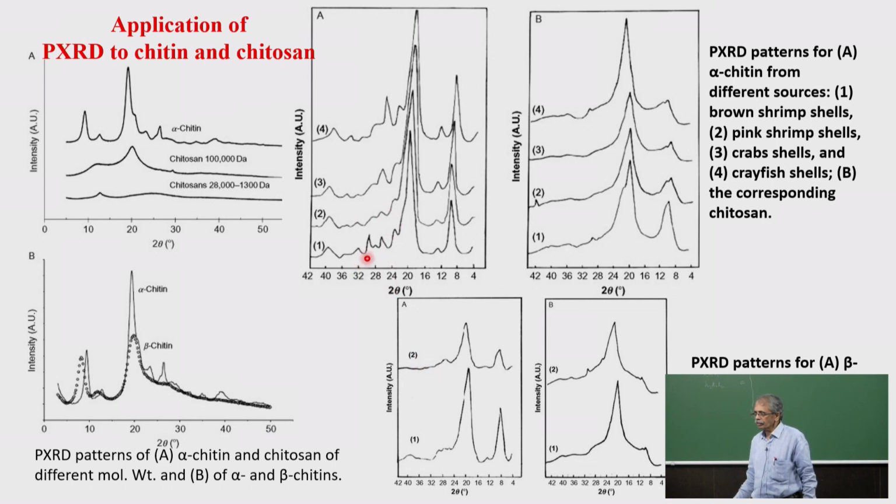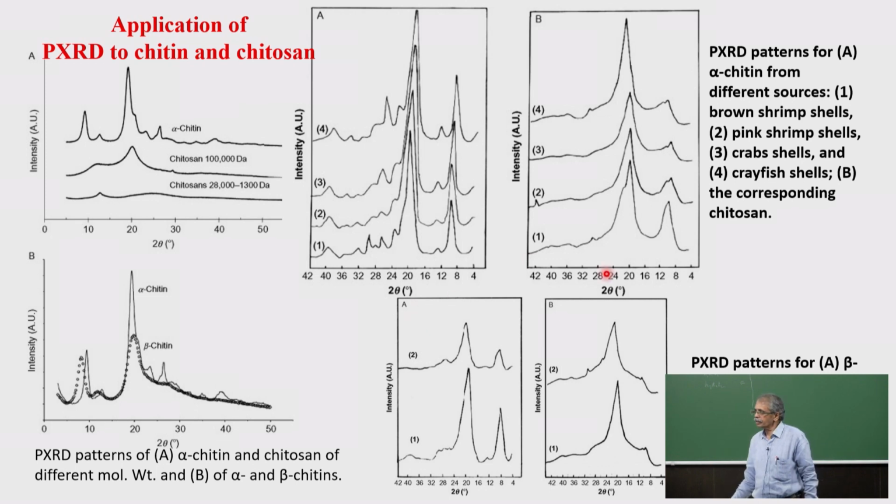So here you have a somewhat more resolved pattern, and less resolved here; the intensity ratios are quite different here, and here, and in this region. Even in these ones there is a splitting of the peaks, and the peak intensities are also changing. There are differences, but all of them are alpha chitin; because their polycrystalline natures differ, you have all this.